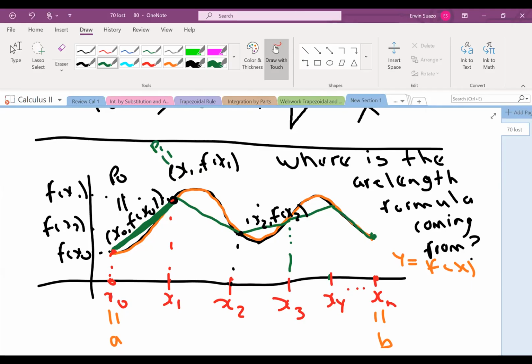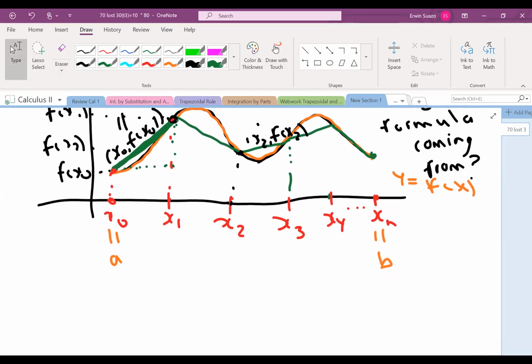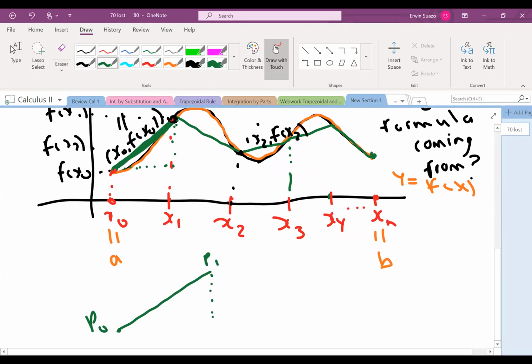So we need to make a triangle. So you made this triangle and you made this triangle. So let me put a loop. And so we're going to find that guy over here. Let's say this is P0 and this is P1, right? And then I put in these points over here.